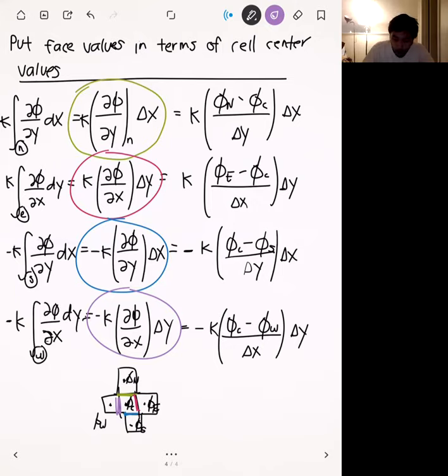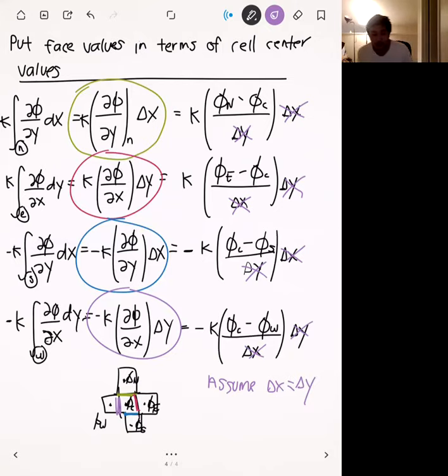All right, another thing we can do very quickly is, if we assume that the grid spacing is the same, we can go ahead and cancel out all these deltas. Most of the time that's a reasonable thing to do, because it simplifies our math a bit.